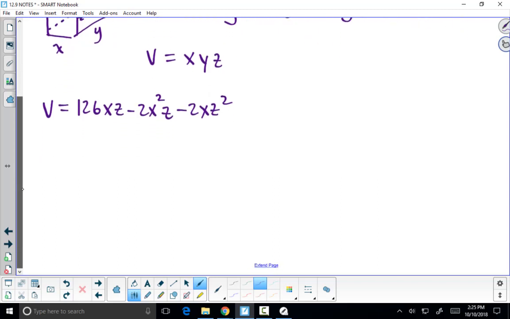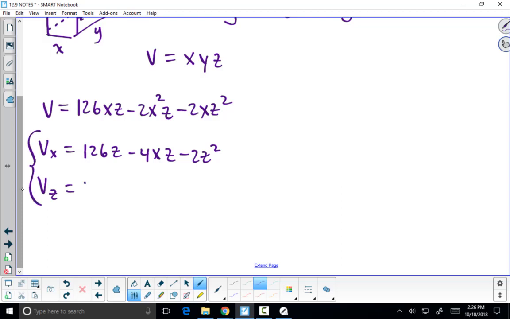So let's go ahead and do that. v sub x is going to be 126z minus 4xz minus 2z squared. v sub z is going to be 126x minus 2x squared minus 4xz. So those are our first order partials. Critical points are going to be where those are equal to 0.